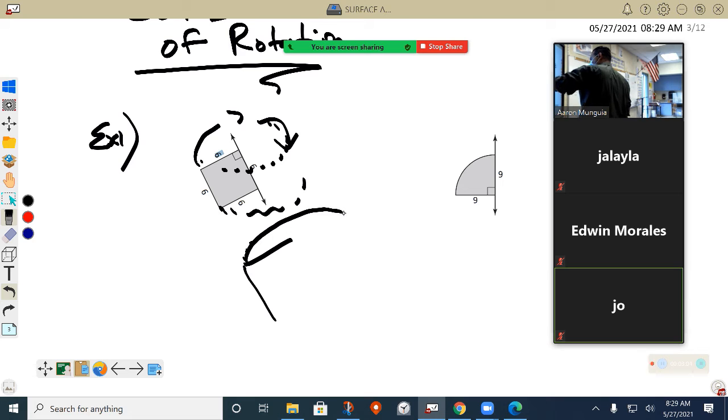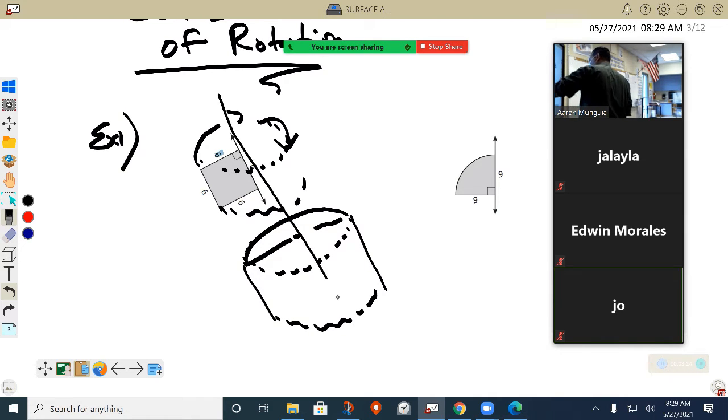A cylinder was being formed as I spin along its axis. So when I spin this 2-dimensional square, a cylinder is actually being formed. So we call that a solid of rotation. That's it.